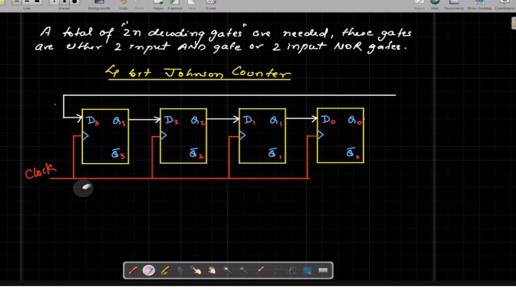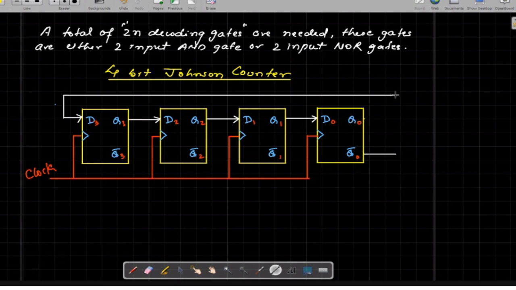But the only difference between these two counters is the feedback connection. In this Johnson counter, the feedback path is provided not from the Q0 but from the Q bar.